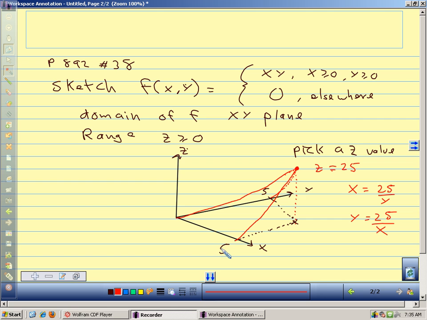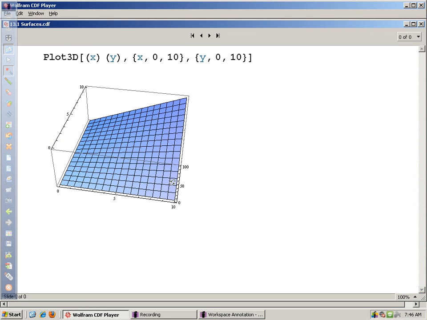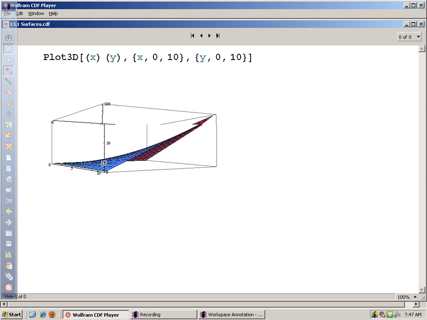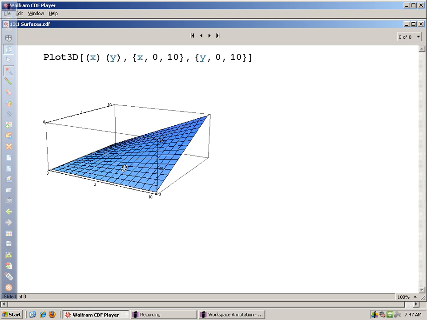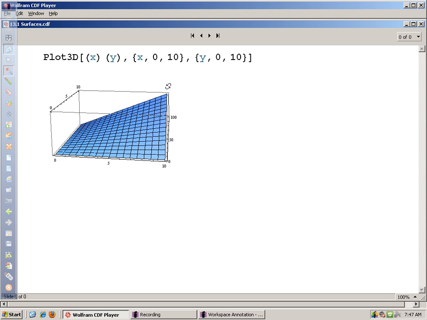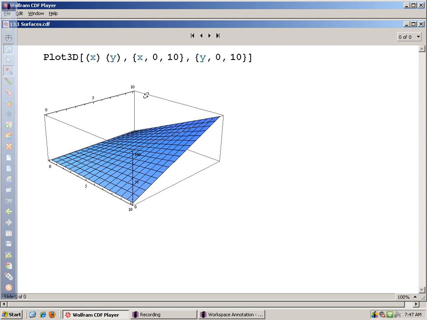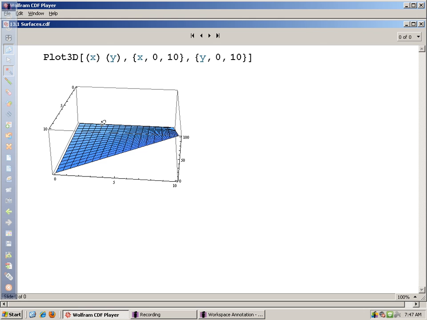So let me see, I made some graphs that hopefully would help you visualize these a little better. So here's that graph. Here's the point up here, I did it from 0 to 10, so this would be z equals 100 up here. And it's the y-axis over here and the x-axis over here.